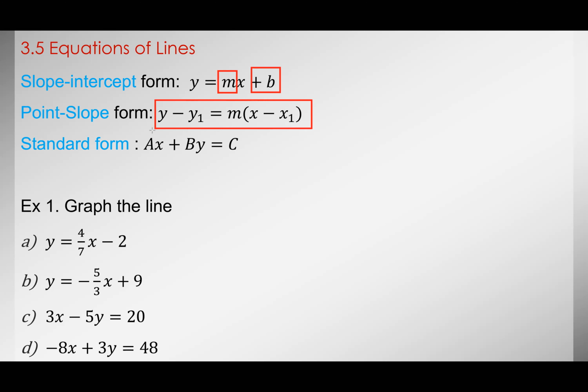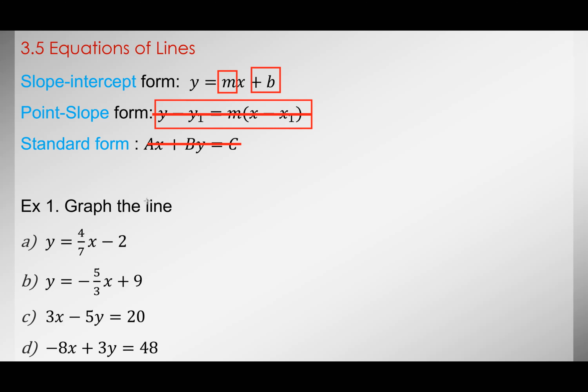The standard form for now, don't worry about this item yet. We just know that if it's in this form, as you can see, C is in standard form, D is in standard form. That's it, all right? That's your standard form. But let's take a look at the slope-intercept form, and let's take a look at example 1.